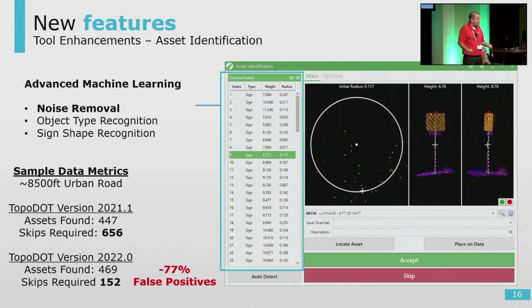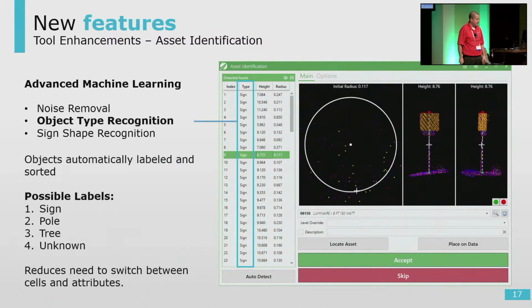But with the 2022 release, we've taken that down significantly. We found an additional 20 assets or so, but we took those skips down to 152 just by using that machine learning algorithm. So a significant amount of clicks reduced.